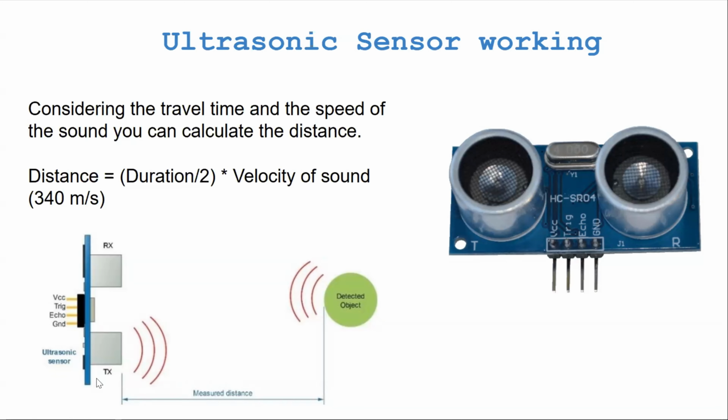Consider the travel time at the speed of sound, and you will calculate the distance. So distance equals duration by 2 into the velocity of sound. Why duration by 2? First it sends the wave one time and it bounces back, so it is traveling two times. That's why we have duration divided by 2 here.